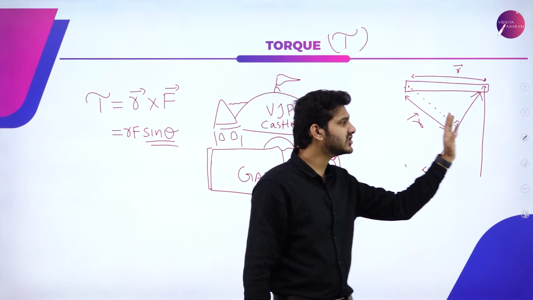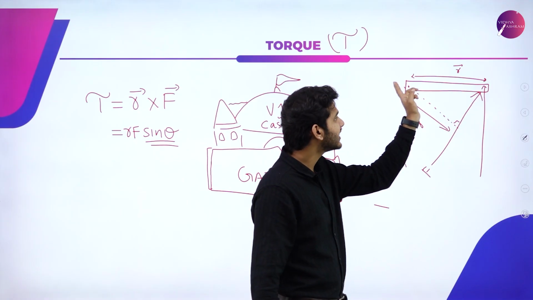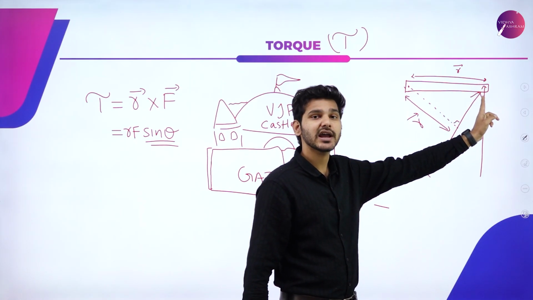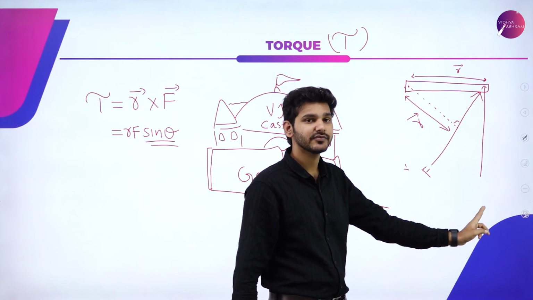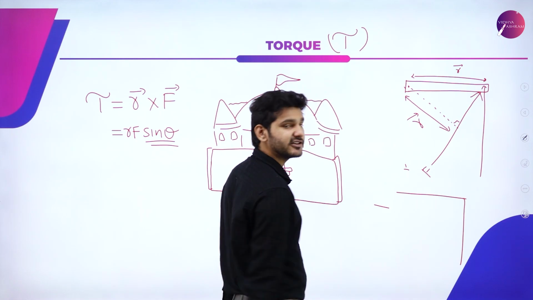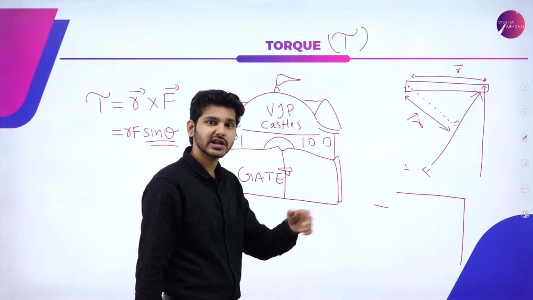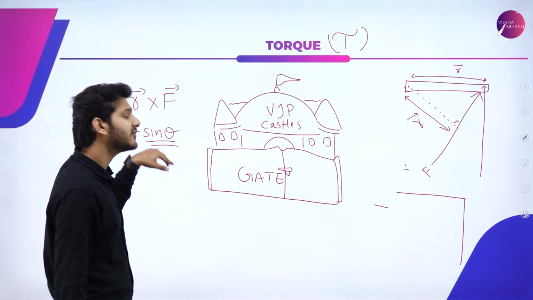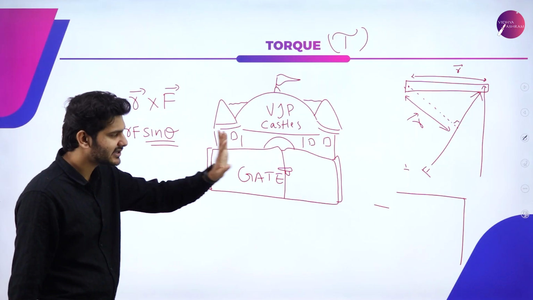Now, if I change that angle to 90 degrees, then the perpendicular distance will be making an angle of 90 degrees with the force applied. So this will be the perpendicular arm distance and this will be the force applied. In that particular case, we'll get maximum torque. In other cases, we'll get values less than the maximum value.